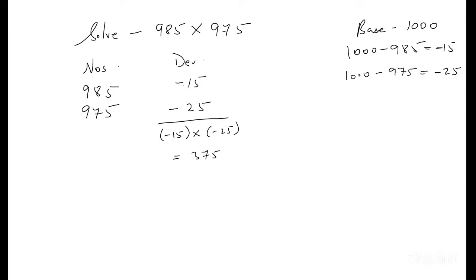Now we will subtract. Pick any out of these both. Let's do 985 minus 25. Okay, how much? 960.